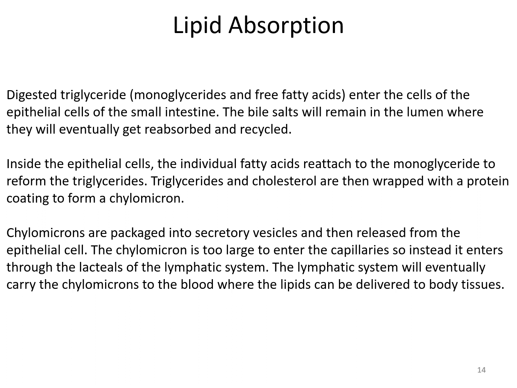So originally it went into the cell like this, with our glycerol and one attached fatty acid and your other two fatty acids. Once it's in the cell, we're going to reattach it to reform the triglyceride. So we really only digest it long enough to get it into that small intestine epithelial cell.